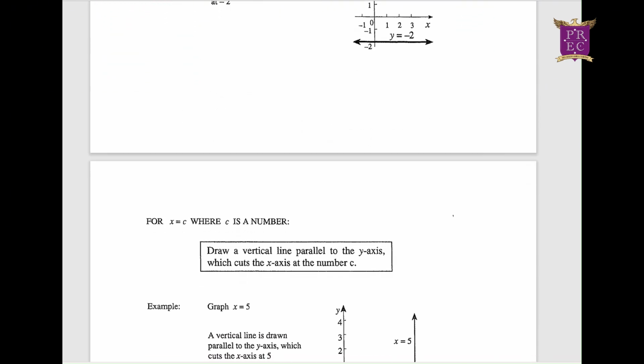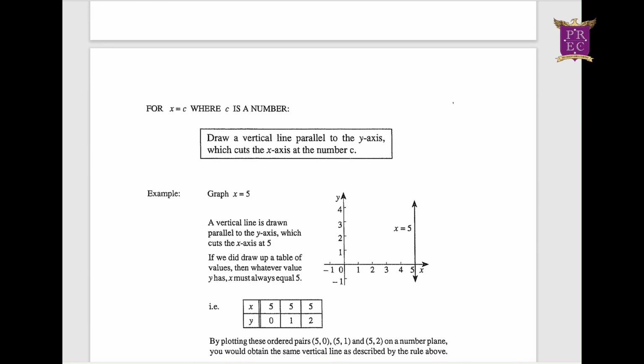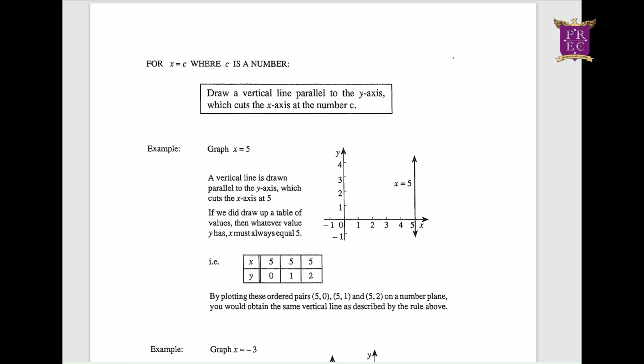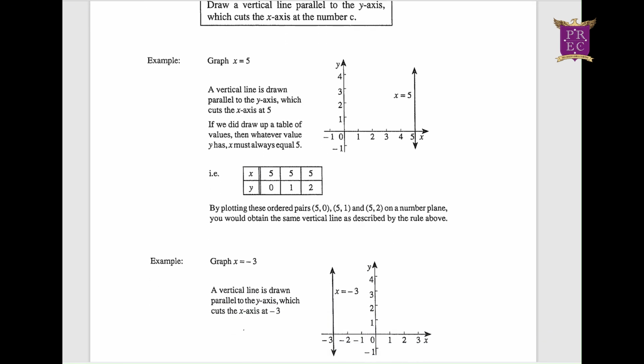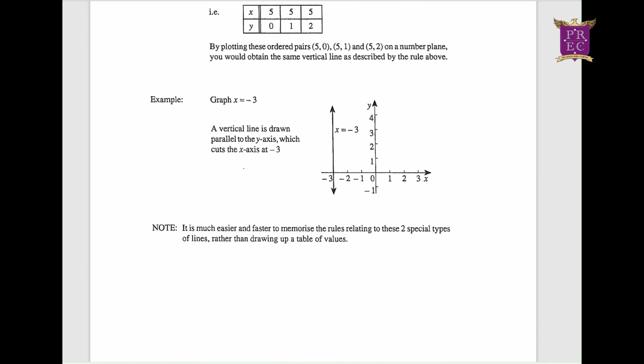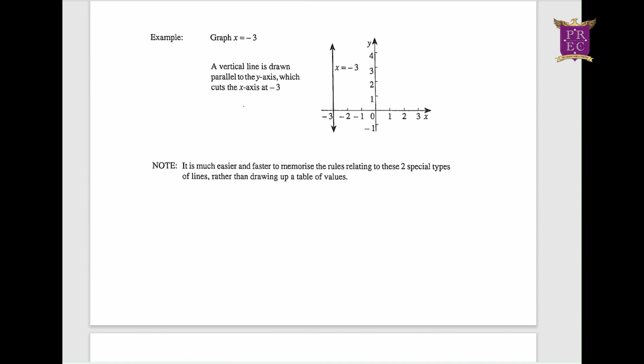That's what we discussed over there. That's x when x is equal to a constant. It's a vertical line, see it's always -3 here. And those are the easiest type of graphs, because all you need to remember is when x is equal to a constant, let's say 2, it'll always be here.